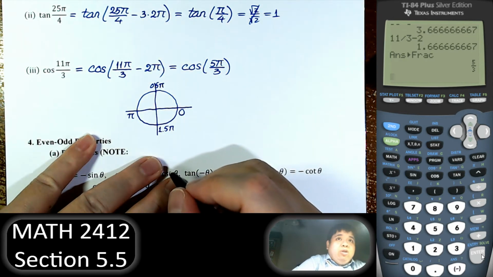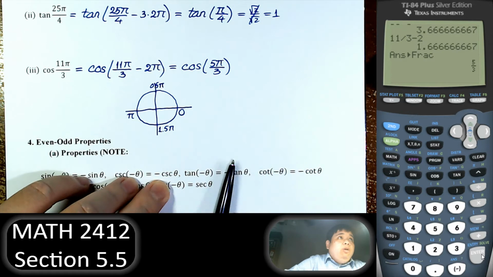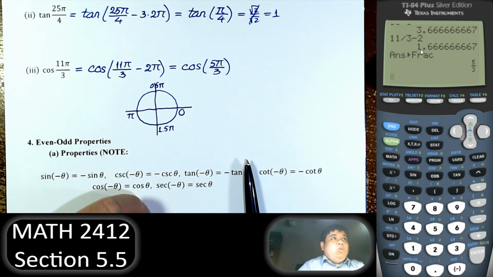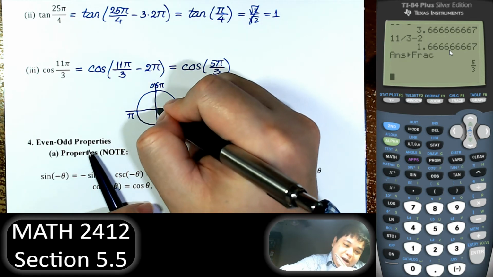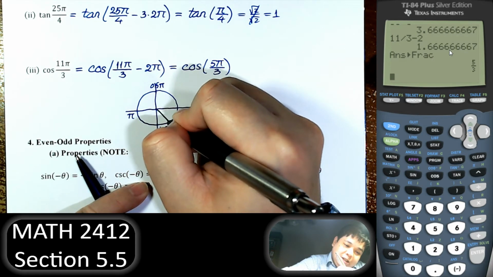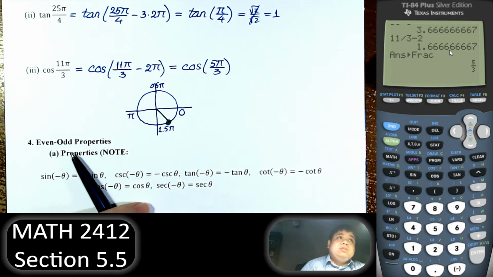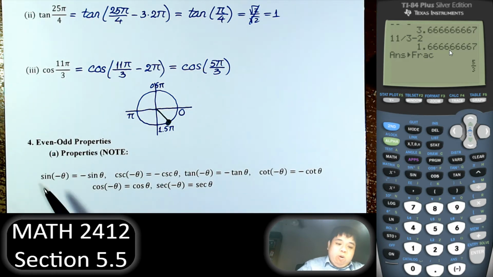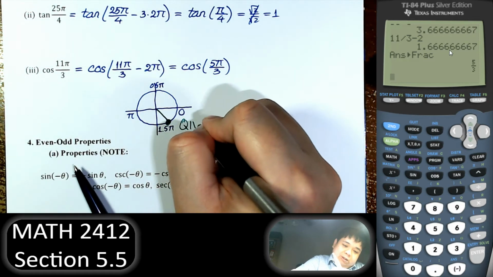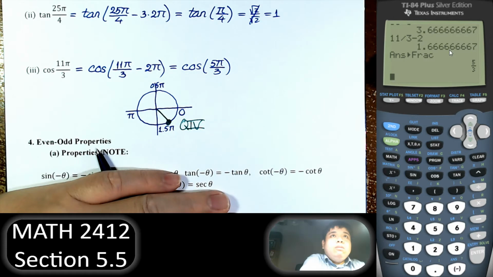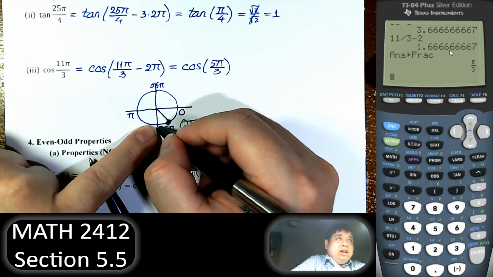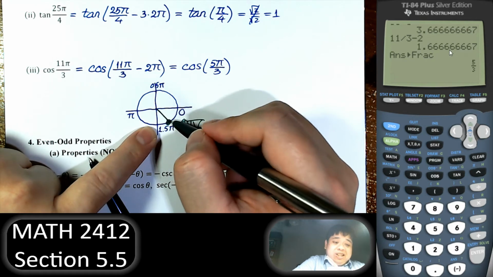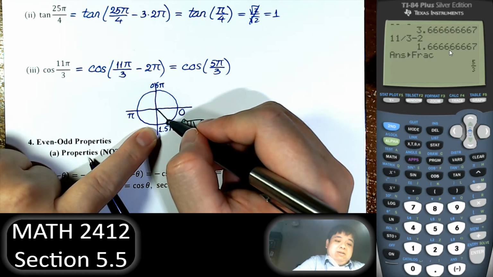So 5 pi over 3, 5 over 3 is 1.667. So it's about here, in quadrant 4. Right? 0, half a pi, 1.5 pi. 5 over 3 is 1.667, so it's more than 1.5.